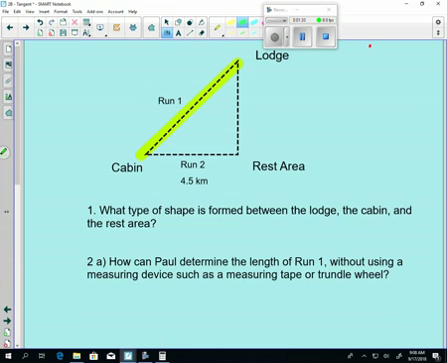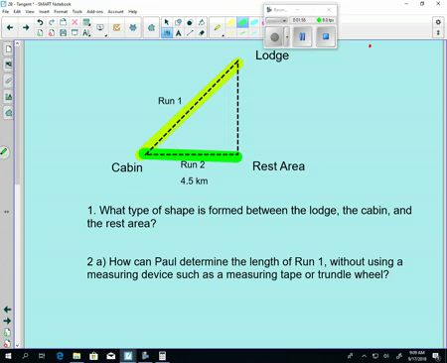And then there's also a rest area from the cabin in this direction here. So we have three items here: a lodge, a cabin, a rest area, 3 different points in the triangle. So we call this distance run 1. The distance from the cabin and the rest area, they measured it at 4.5 kilometers.